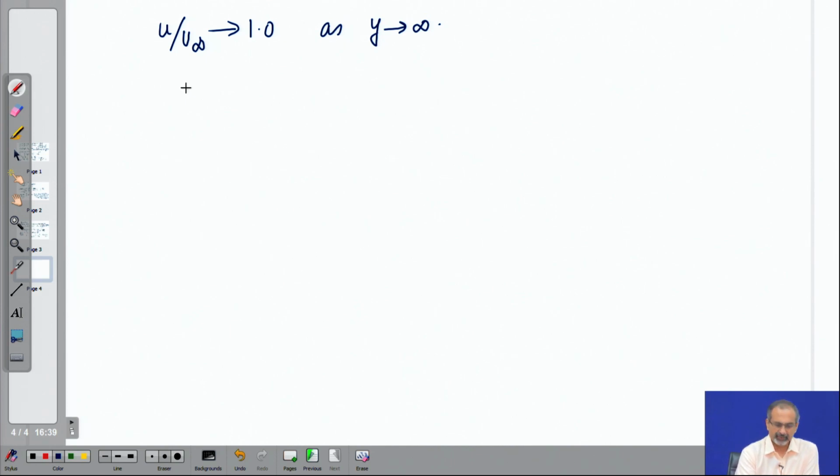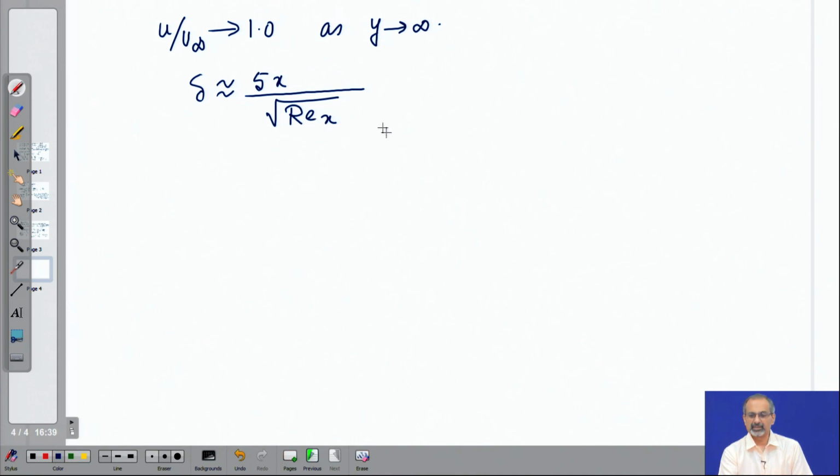And if you go by that value from the Blasius solution, you can show that the distance at which it occurs is given by this expression, 5x by root over Rex. So, this number 5 again comes up from the Blasius solution. So, delta is approximately 5x by root over Rex.